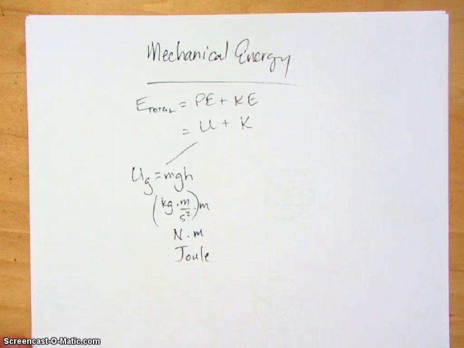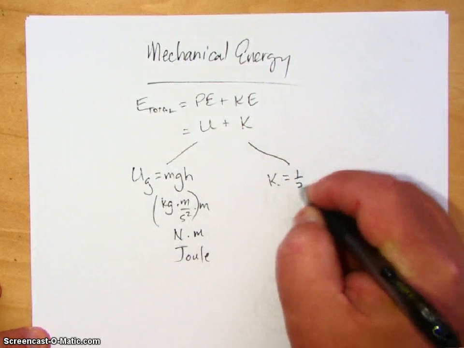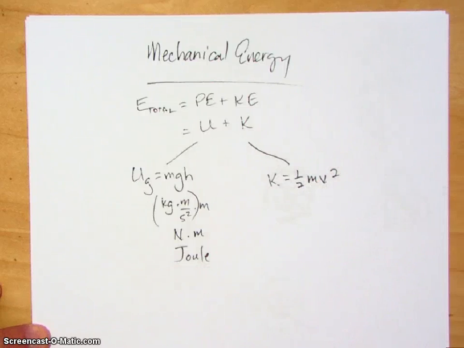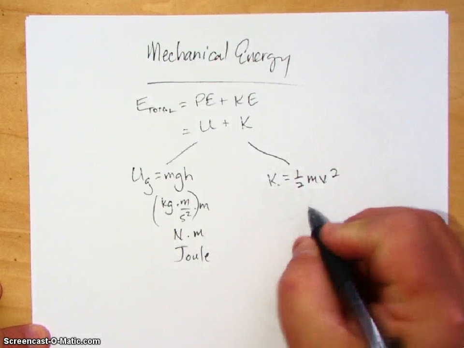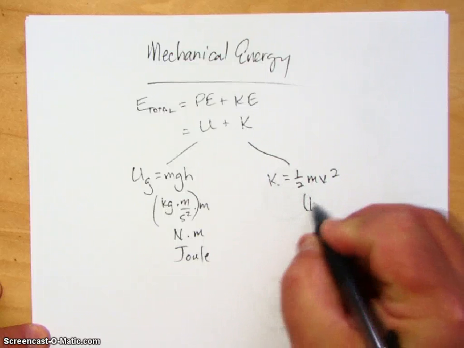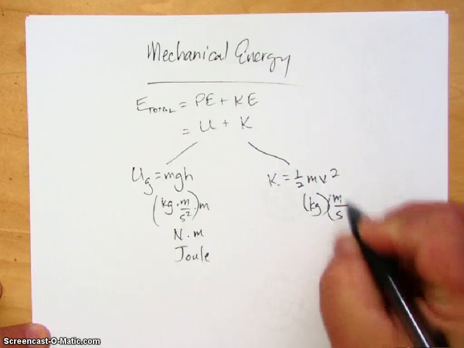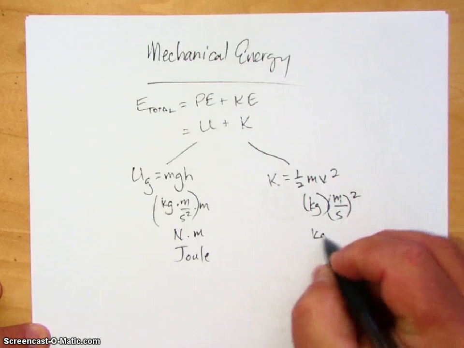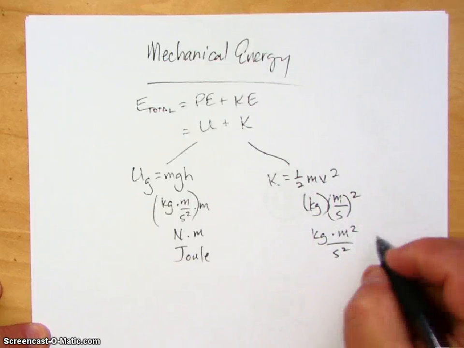Okay, let's take a look at kinetic energy. Now kinetic energy, if you remember back, is 1/2 mv squared. And later on I'll show you why the 1/2 has to be there. Okay, if I go into this, let's take a look at the units. 1/2 doesn't have units on it. We have kilograms times meters over second squared, which becomes kg times m squared over s squared.